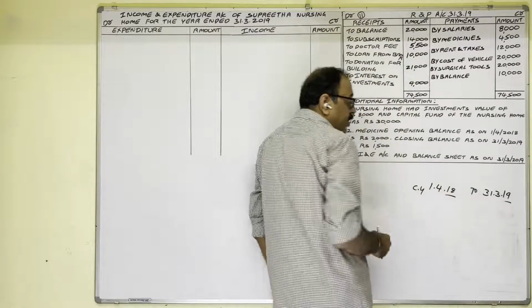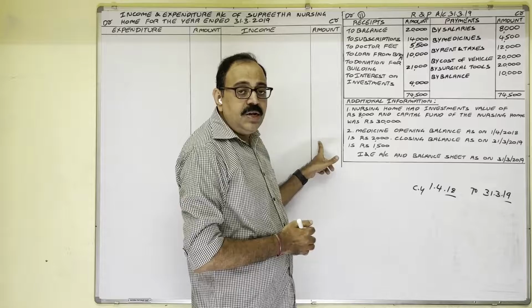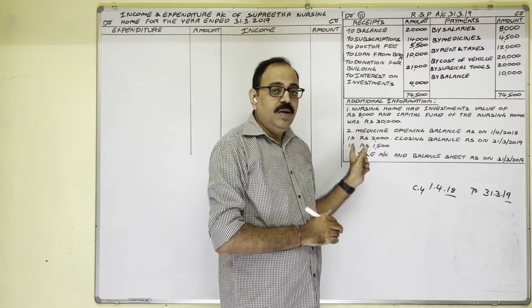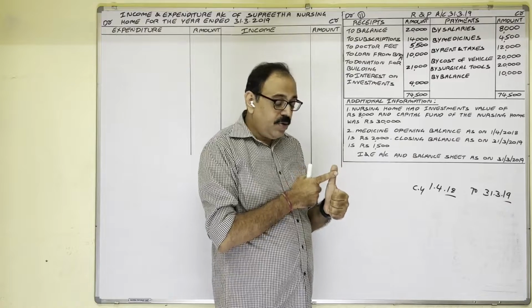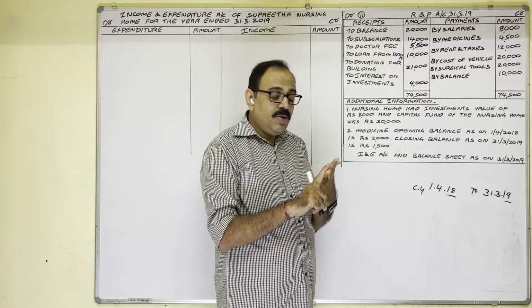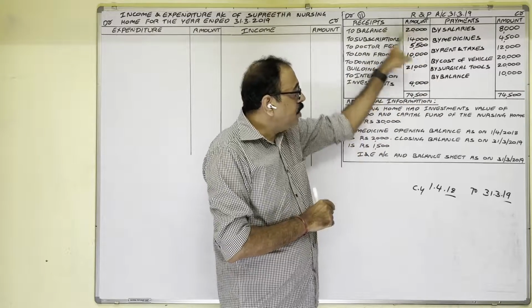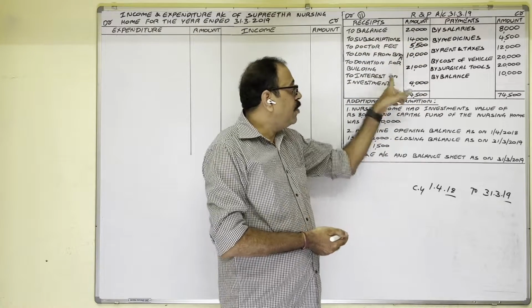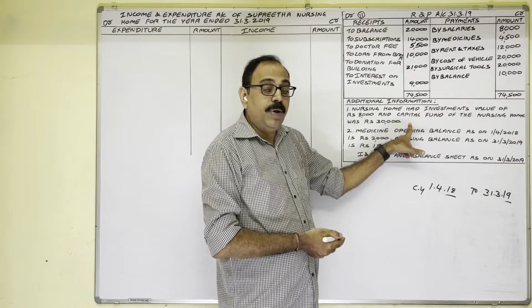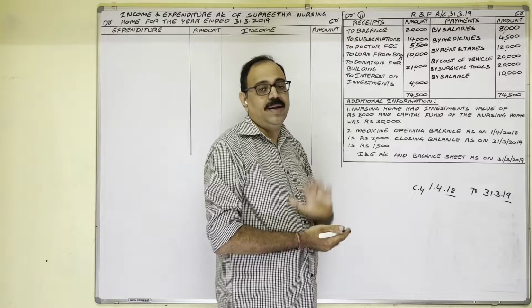For the current year, this organization is preparing final accounts. Their final accounts contain receipts and payments account, income and expenditure account and balance sheet. The receipts and payments account is given in the question. With the help of this and the additional information, we have to prepare the income and expenditure account and balance sheet.